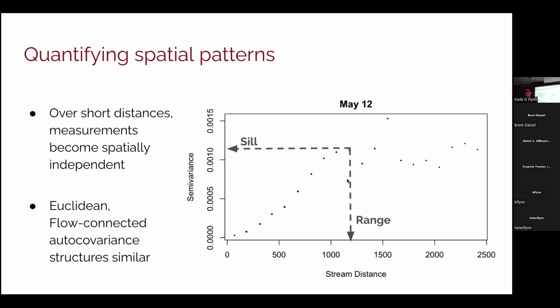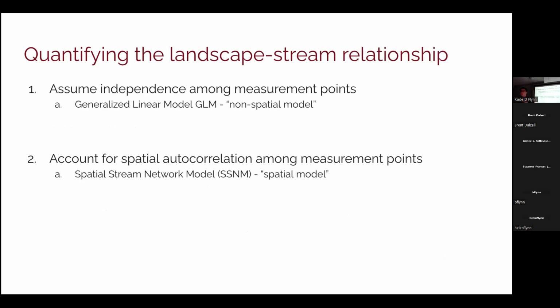So that's a bit of an aside, back to quantifying this relationship between our two landscape attributes, nitrogen intensity and depression intensity, and our measurements of stream nitrate concentration. First, we will assume independence among measurement points and apply this generalized linear model, or non-spatial model, then account for spatial autocorrelation using the spatial stream network model.